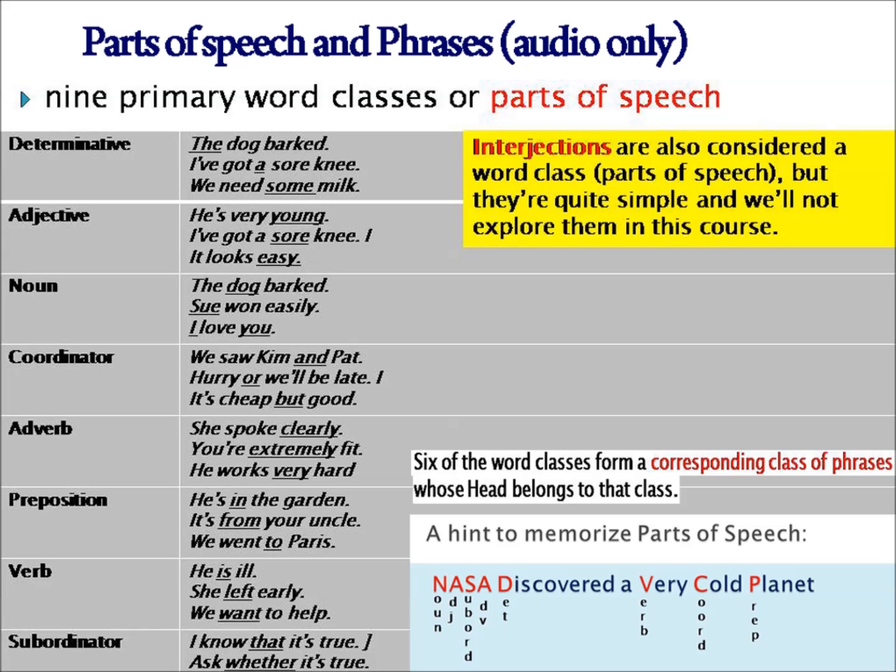Well, it's cheap but good. This but changes everything. If I said it's cheap and good, it's another way to relate the idea. So it's a coordination. But these sentences are not dependent on each other.